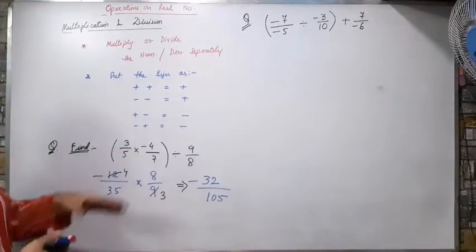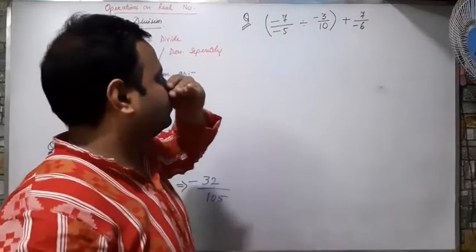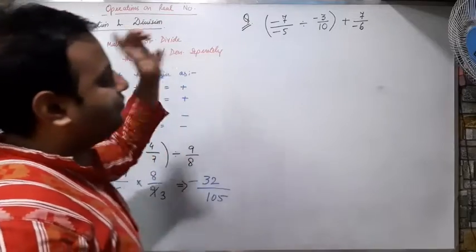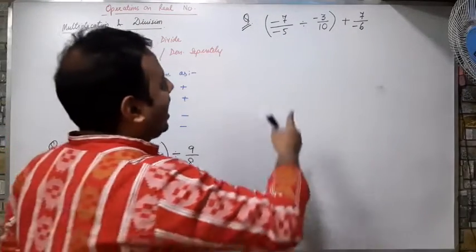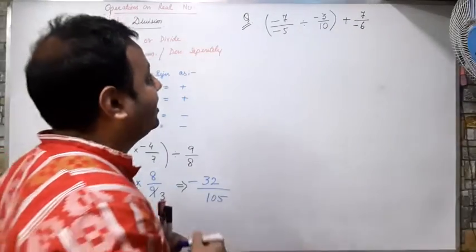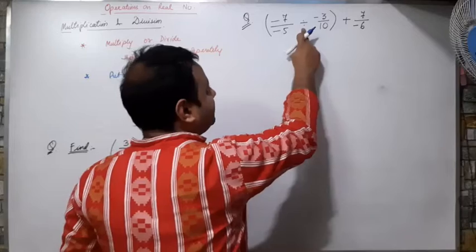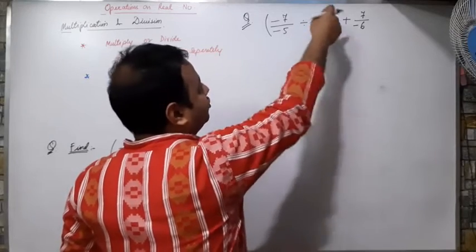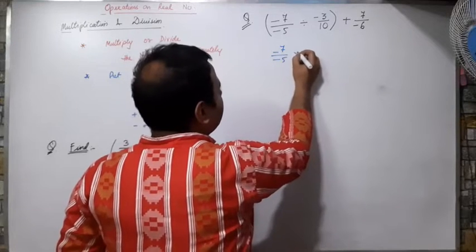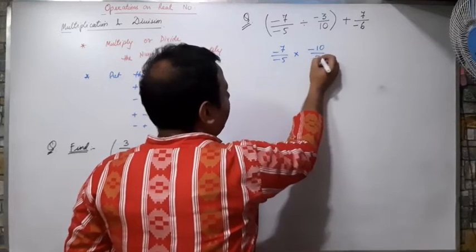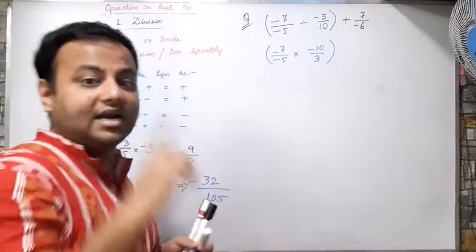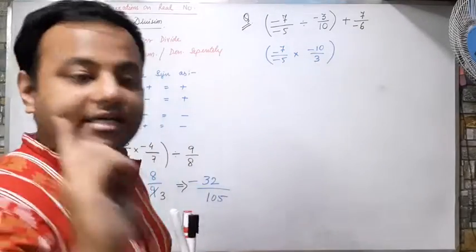So this is my question. As I see here, the first and foremost thing is that I have to solve this bracket by using the BODMAS rule. The bracket must be solved at the beginning. So if I have to convert this divide, I will write a multiply and I will take the reciprocal of this. I will get here minus 7 by minus 5 into minus 10 by 3. The negative sign must always be in the numerator. Never put the minus sign in the denominator.